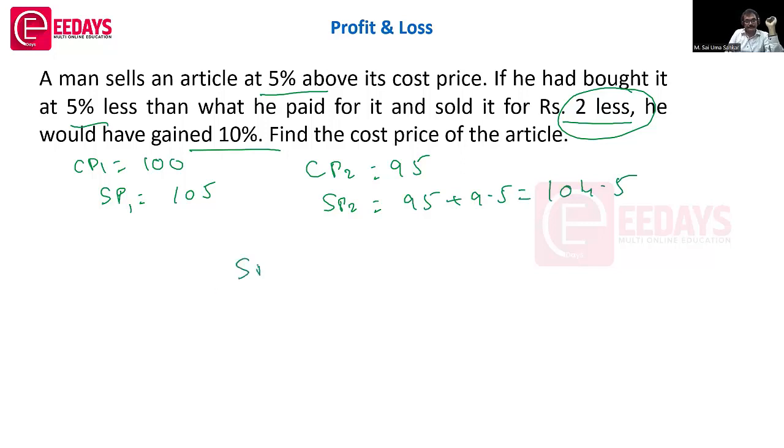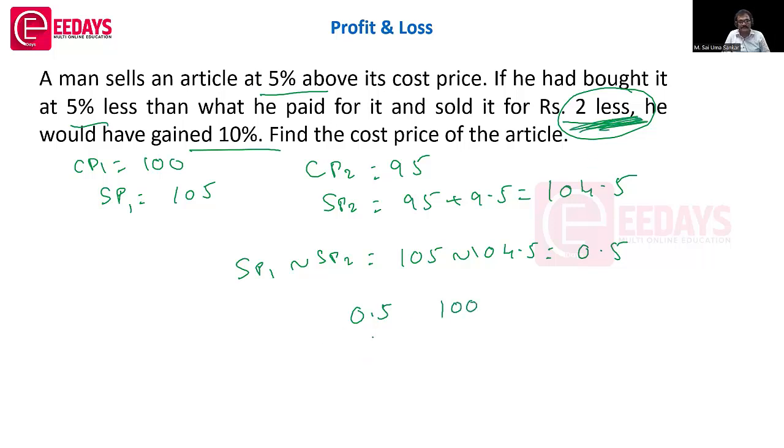The difference between these two, 105 and 104.5, is equal to 0.5. Now, if the difference is 0.5, then the cost price is 100. But according to this case, what is the difference? 2. So this is into 4, and this is into 4. So what is the answer? 400, which is the required answer.